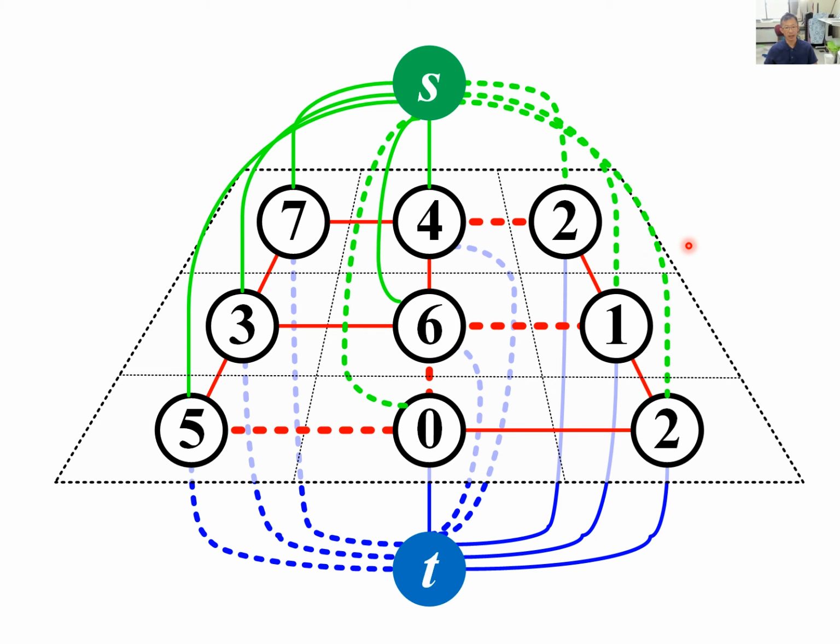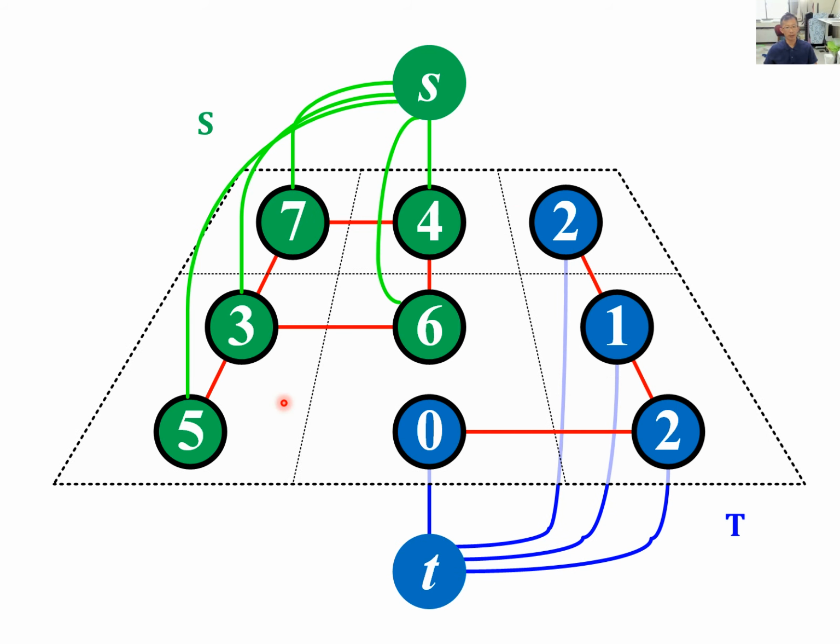The dashed lines represent the edges between the sets S and T. Therefore, we obtain an optimal segmentation in the following way. All vertices connected to the source vertex are labeled as object vertices, while those connected to the sink vertex are labeled as background vertices.